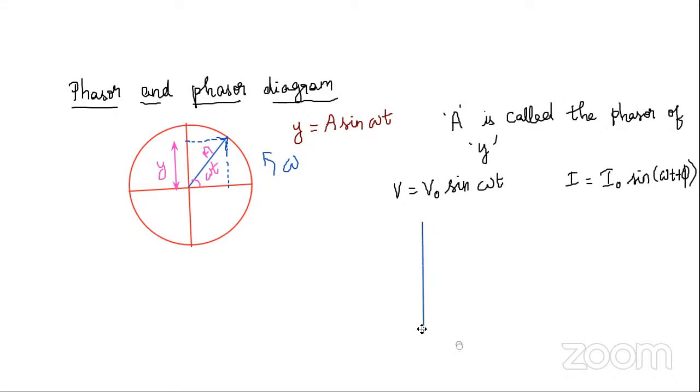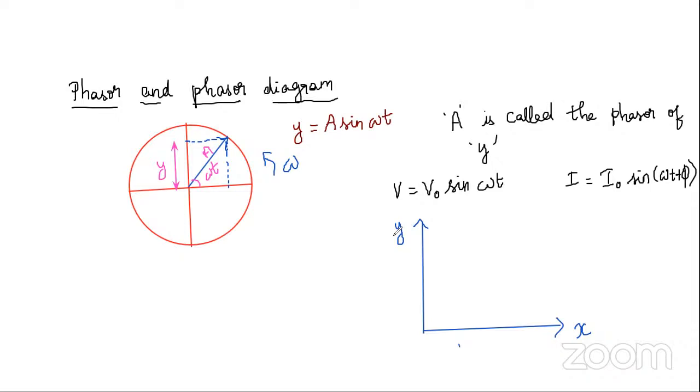So let us draw the graph. Here you have x-axis, and here you have y-axis. And here the phasor of V is V0 and phasor of I is I0.